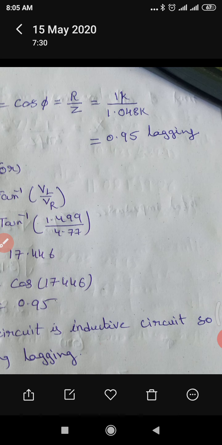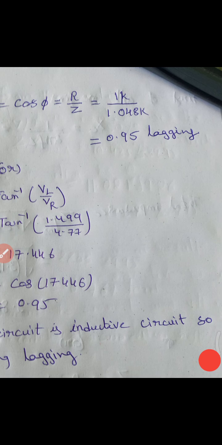That means voltage divided by the impedance of the circuit. In this way we can find the current for the given circuit. After calculating the current, we can easily find the voltage across the resistor, inductor and capacitor. That means VR is equal to I into R, VL is equal to I into XL and VC is equal to I into XC.